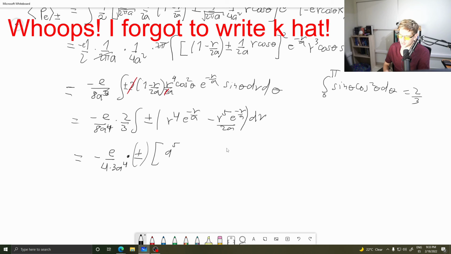And this is going to be times 4 factorial. We already solved this very integral in this video and in others before. And from this part, we get a to the sixth, but it is divided by 2a, so it's going to be a to the fifth times 5 factorial. Okay, so we can factor out the a's. They will partially cancel out, so we get minus ae divided by 4 times 3, which we can actually take inside, so plus or minus is still hanging around there.